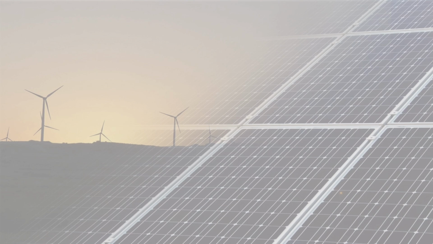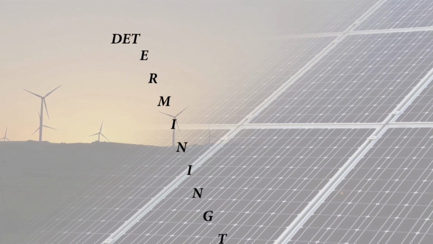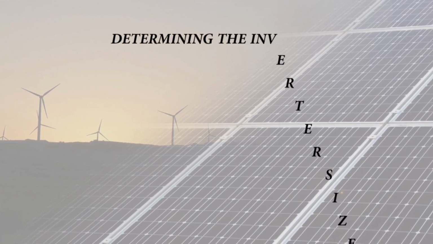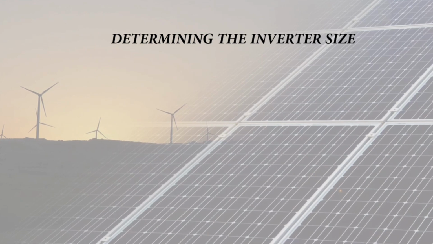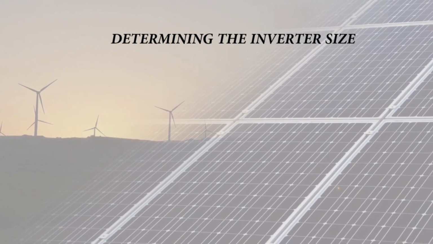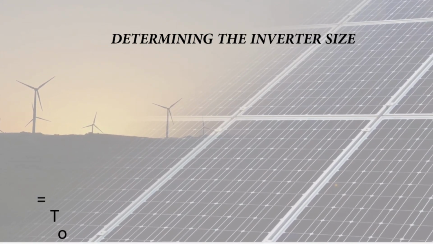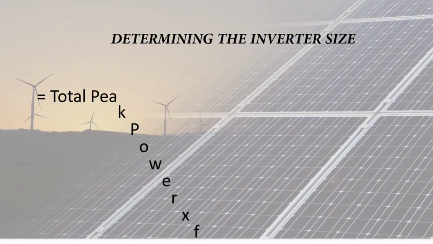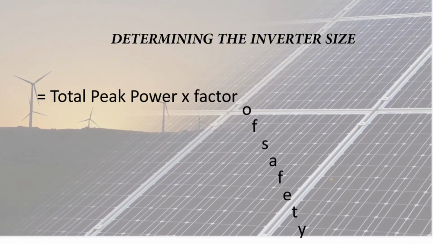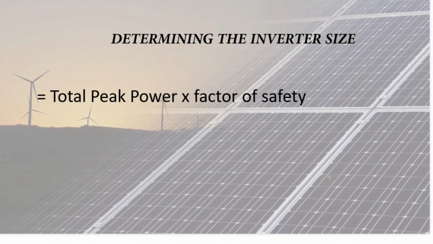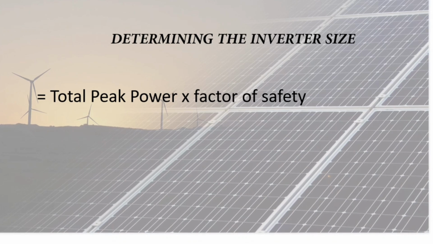So, calculating the inverter size. The inverter size can be determined by the following formula: the total peak power multiplied by the safety factor. Our safety factor ranges from 1.2 up to 1.5. So I decided to take 1.2.